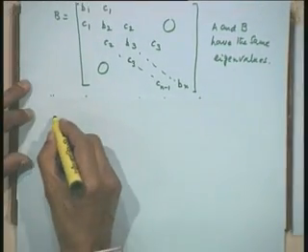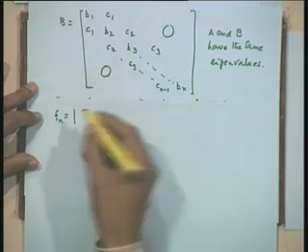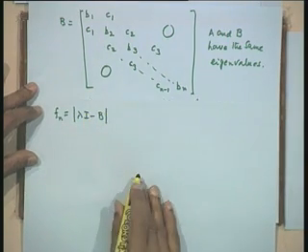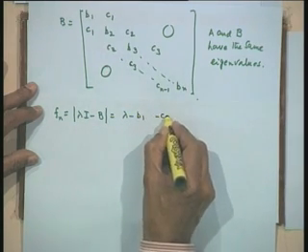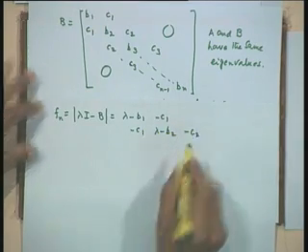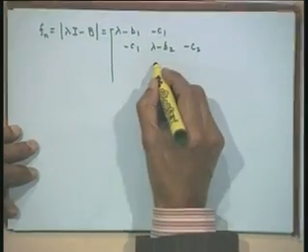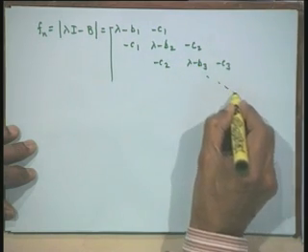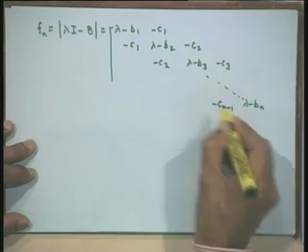We will define our characteristic equation f n as the determinant of either lambda I minus B or B minus lambda I. So, this will be lambda minus b 1, minus c 1; minus c 1, lambda minus b 2, minus c 2; then minus c 2, lambda minus b 3, minus c 3; and so on, up to lambda minus b n.